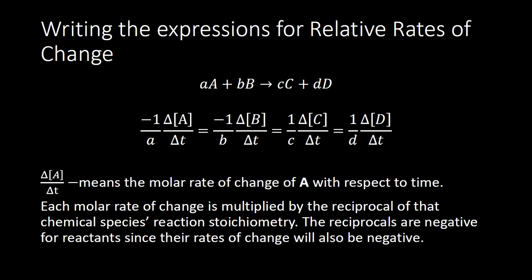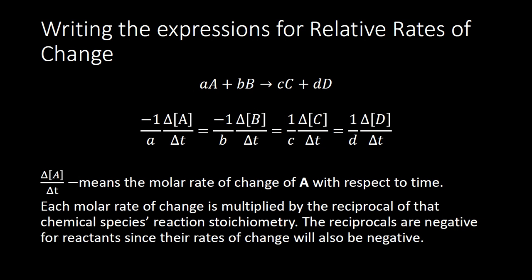Now, while all these are rates of change, when it comes to reactants, those are rates of change that are consumption. They will be consumed with time, so their rates of change are negative. Whereas with the products, those rates of change are rates of production. Therefore, their concentration is increasing with time. Their rates are positive.